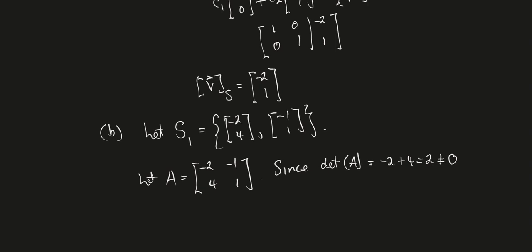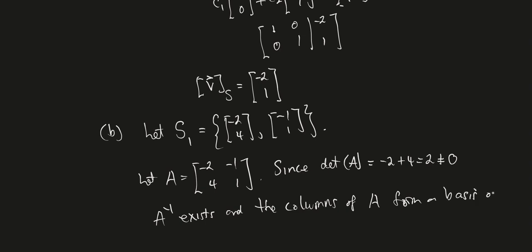Since the determinant is not equal to 0, A inverse exists, and the columns of A form a basis of R2.